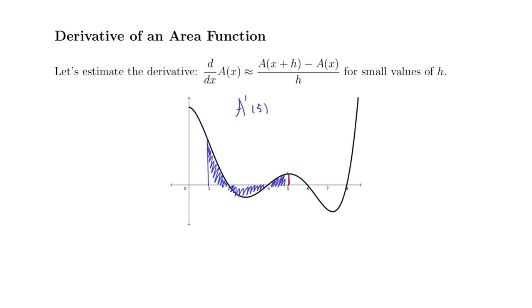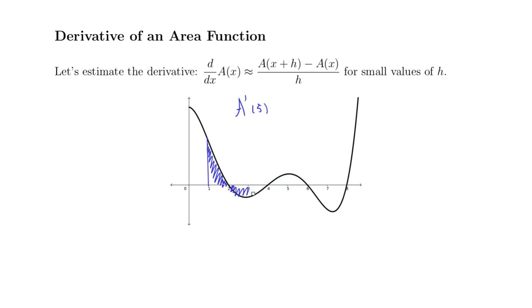And we're not looking at the rate of change of the function. We're not saying, oh, there's almost a horizontal tangent line here, so maybe the rate of change is 0. No, that's not what we're talking about. We're talking about what's the change in area under this curve. And here we can see that by this little red line, we're adding a little bit of area. So we would expect that there's a positive rate of change at this point.